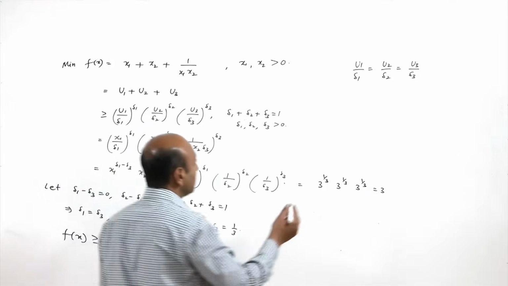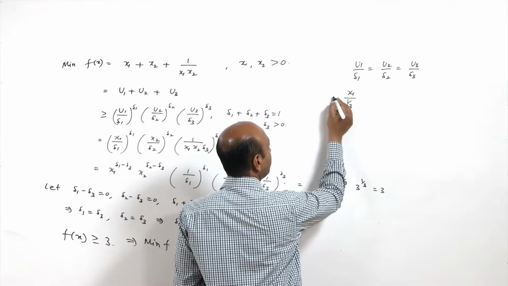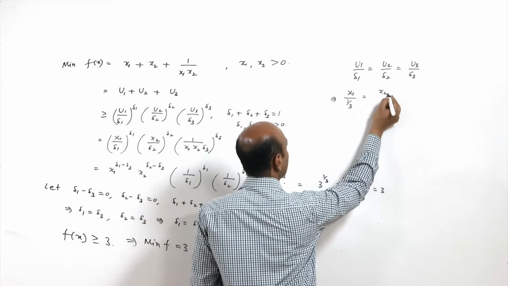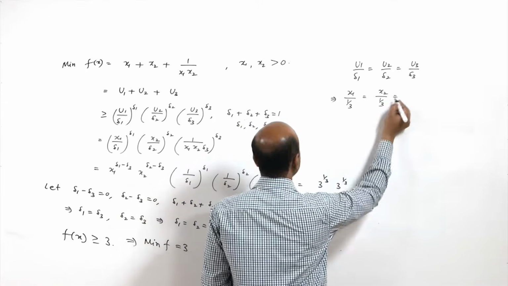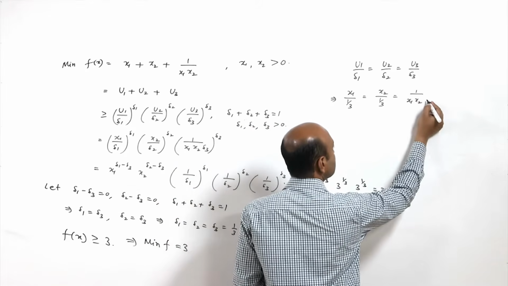So, this will be used to find out the values of x1 and x2. What is u1? u1 is x1 and delta 1 is 1 by 3. What is u2? u2 is x2, again with 1 by 3, and u3 is 1 upon x1 x2 and it is 1 by 3.